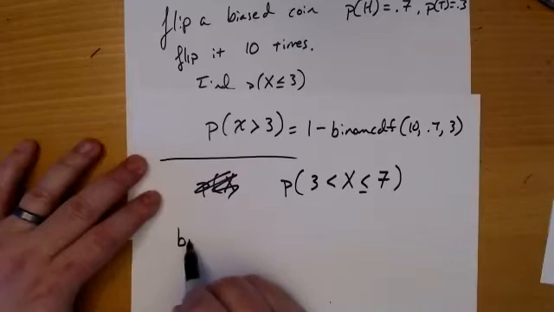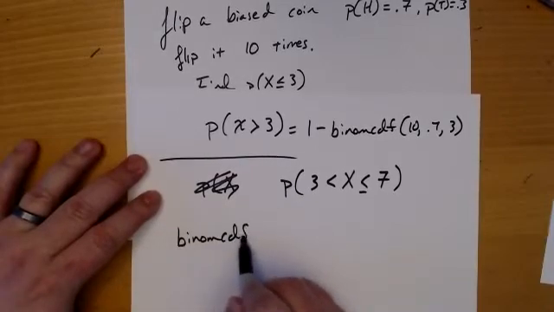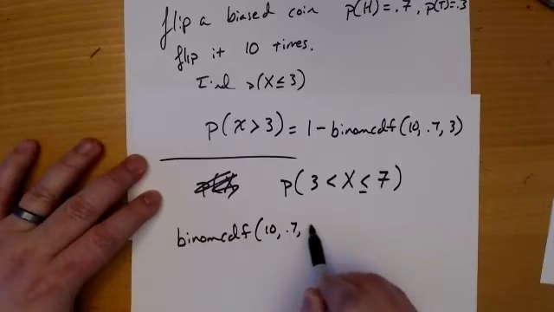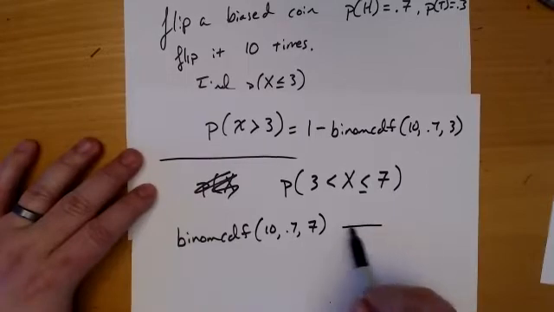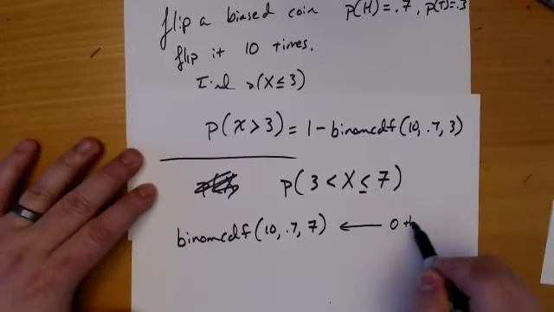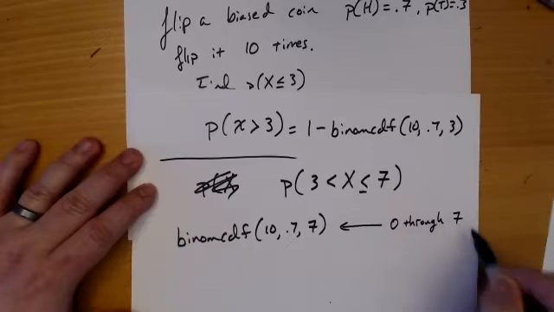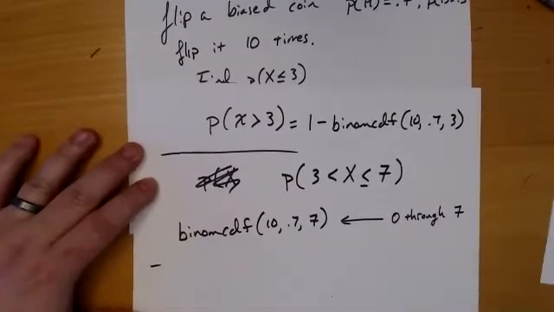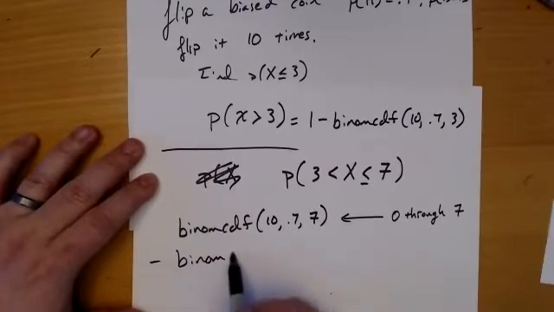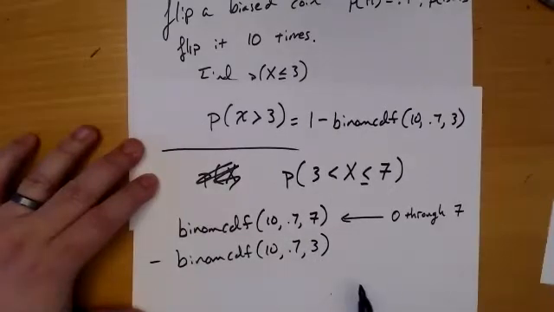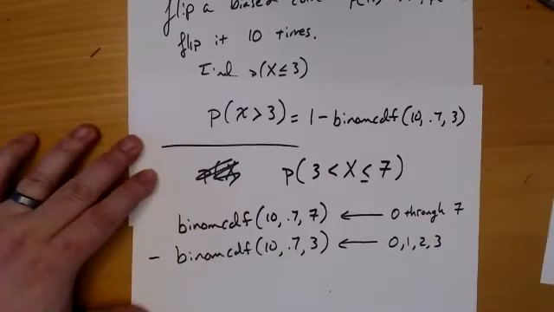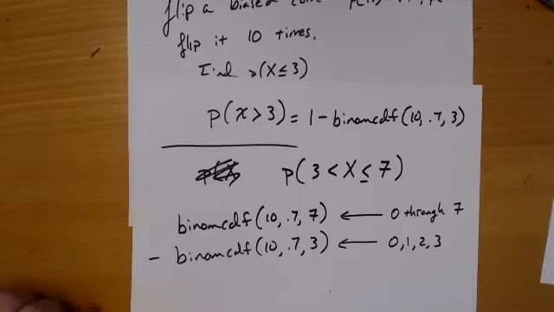You would say binomcdf, and this gives you 0 through 7, and then you subtract binomcdf of 3, which takes off 0, 1, 2, and 3, leaving me with just 4, 5, 6, and 7, which is all we really wanted.